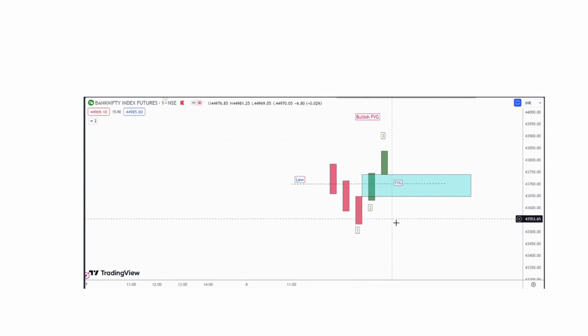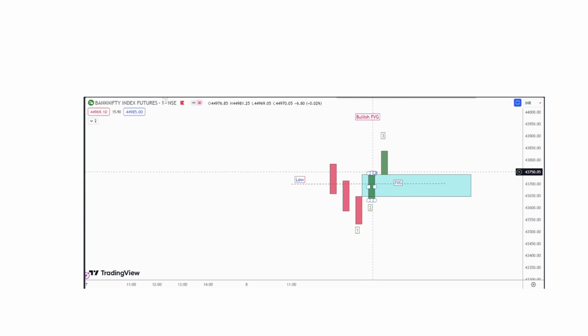As you can see over here in the chart, I have denoted candle number one, candle number two, and candle number three. As I mentioned earlier, the bullish fair value gap also is a three candle formation. Candle number one goes below the low that we have marked on the chart. Candle number two forms and closes above candle number one. Candle number three opens and closes above candle number two.